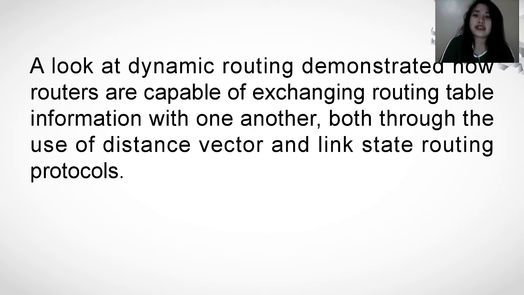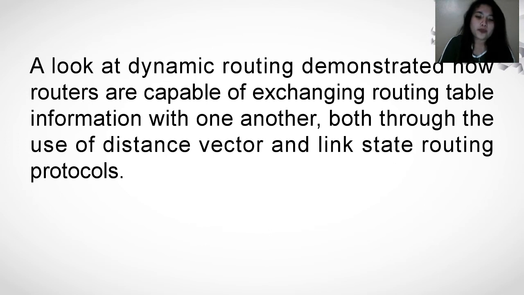Next, a look at dynamic routing demonstrated how routers are capable of exchanging routing table information with one another, both through the use of distance vector and link state routing protocols. The major differences between both types of routing protocols were outlined, as was the concept of a hybrid protocol.